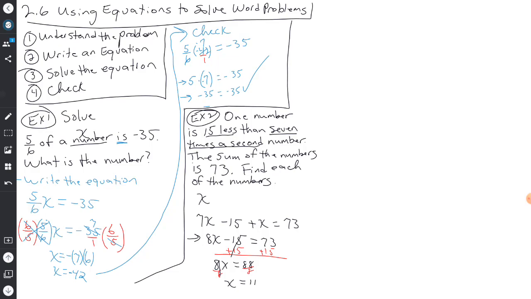So the first number, they told us to find each number. This number is going to be 11. The two numbers, let's say that the first number is going to be 11. The second number will be that part where we have 7x.